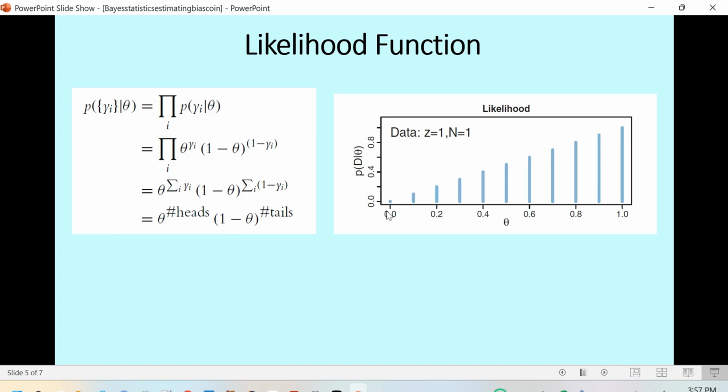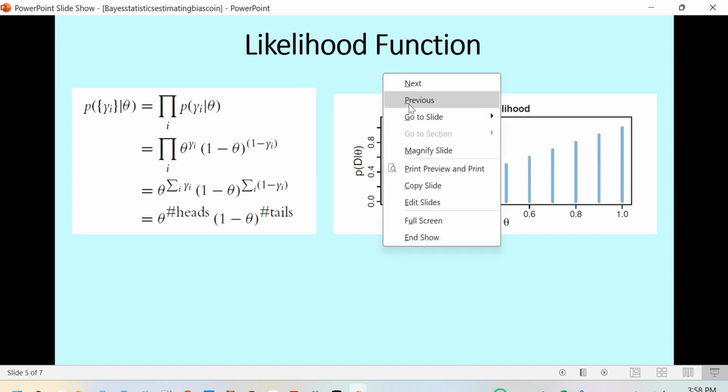You will see that for different theta the likelihood values look like this. Why? Because if theta, the probability of returning head, is 0.2, what is the value of P of result head given theta? It is theta itself, right?